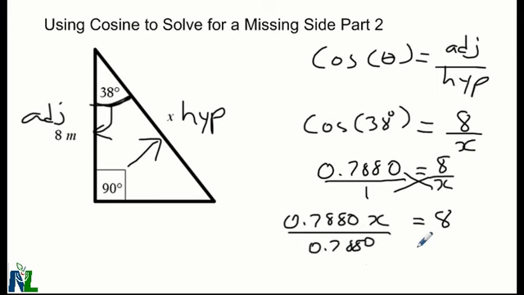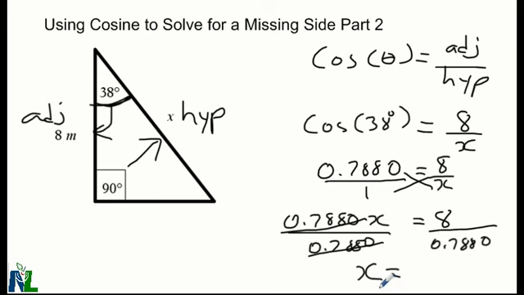And an equation, of course, is like a balance. If we do something to one side of the equation, we have to make sure we do it to the other to maintain balance. So we'll divide both sides of the equation by 0.7880. When we do that, 0.7880 divided by 0.7880 is equal to 1, and 1 times x is equal to x.